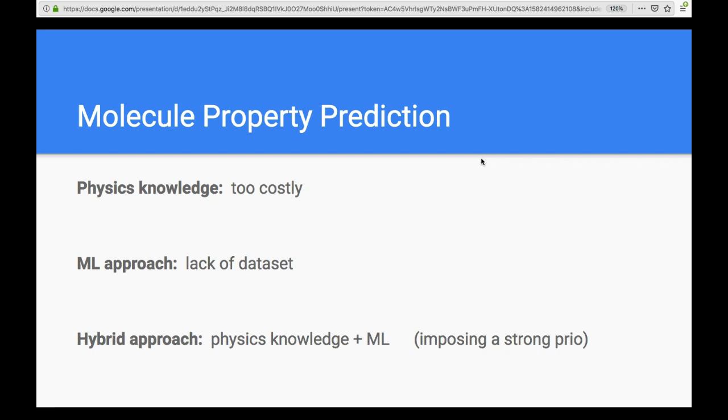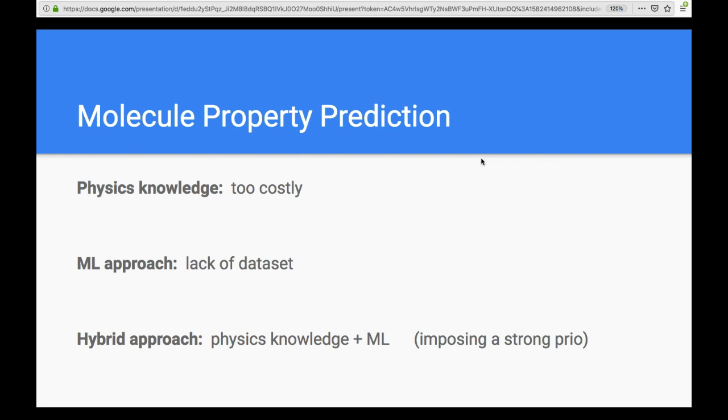And there are also a lot of approximate ways to still calculate those molecule properties. But the problem is it still requires tons of computational power. So using the physics knowledge is the most ideal way, but we just don't have enough power to deal with that.